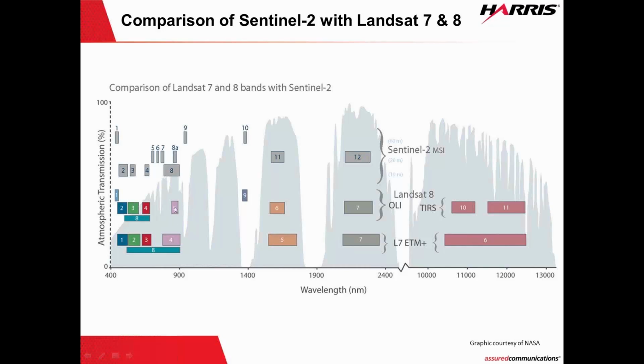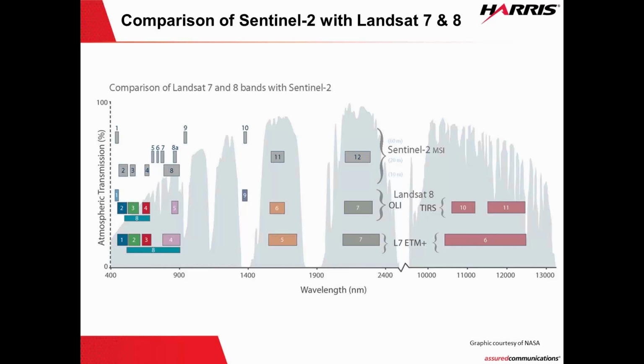You can see there's a lot of overlap between the spectral bands, and this will give us a lot of ability to take imagery from both of these sensors and work between them. This would be really handy, for instance, when doing any sort of multi-temporal analysis, which I'll be talking about quite a bit later.